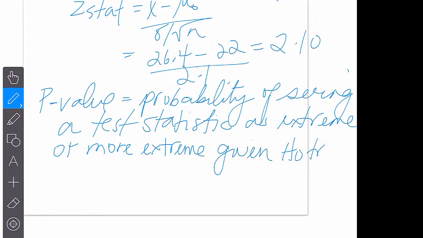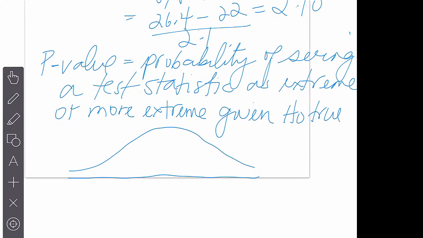So what am I talking about? I'm talking about this. Now I take my Z, now we're on Z, okay? And I mark 2.1. Now I'm only going this way. Let me erase that, it's going to confuse you. So I'm only going on this side. Why am I only going on this side?